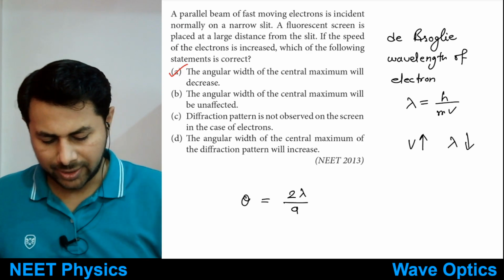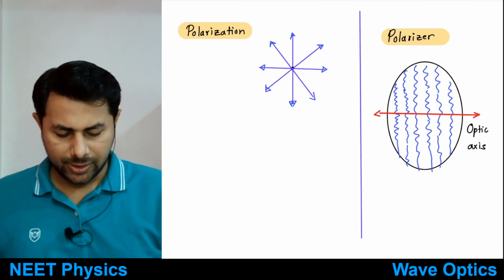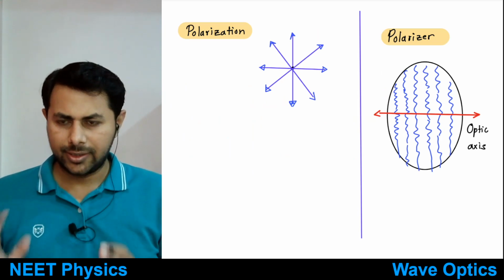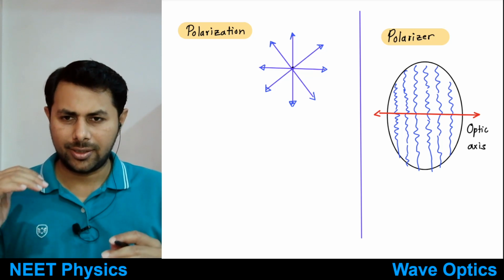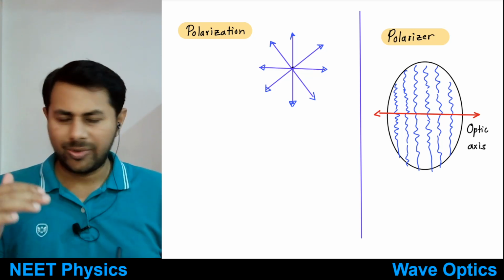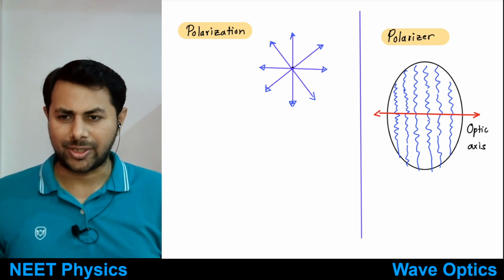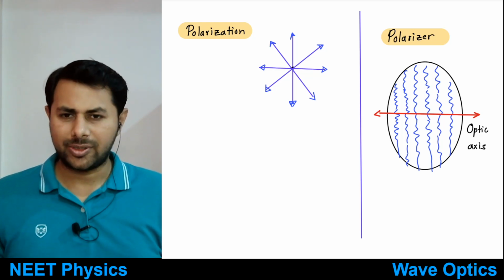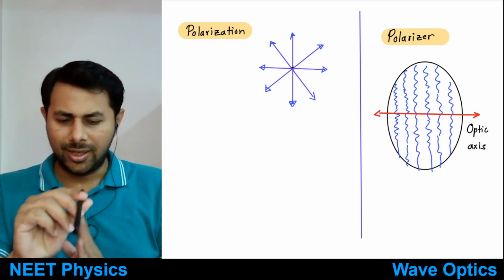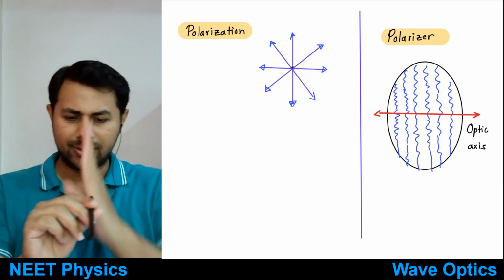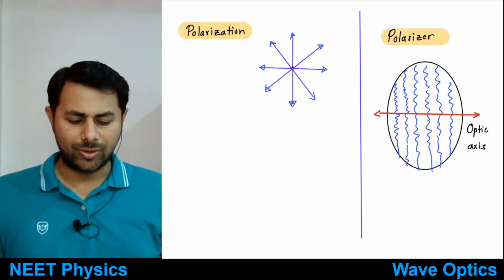That is polarization. So now, what is polarization? Let's understand this. Light is made up of electromagnetic waves and it consists of electric fields and magnetic fields. They are vibrating perpendicular to the direction of propagation. Suppose light is coming towards you, then the electric field can vibrate like this, or like this, perpendicular to the direction of propagation.